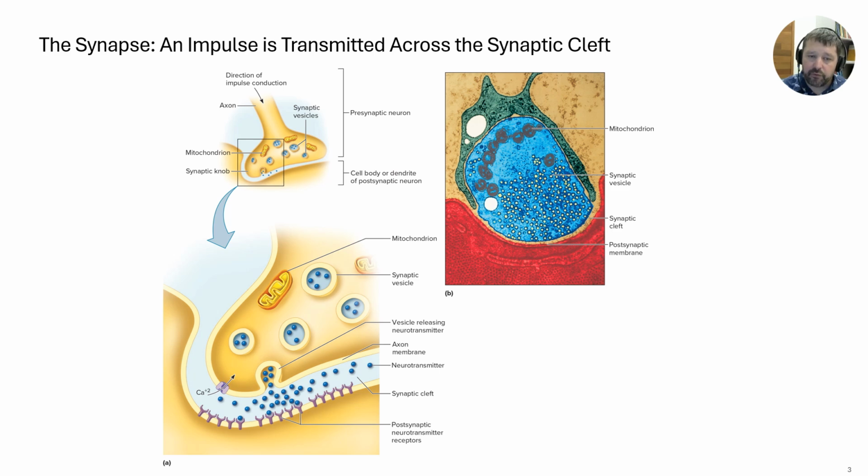Calcium will then flow in. Okay, that changes the membrane, the axon membrane, and it allows for these synaptic vesicles, which hold neurotransmitters, to move to the outer edge, be incorporated into the membrane. Okay, so you can see here, their membranes merge and the neurotransmitter is released into the synaptic cleft.